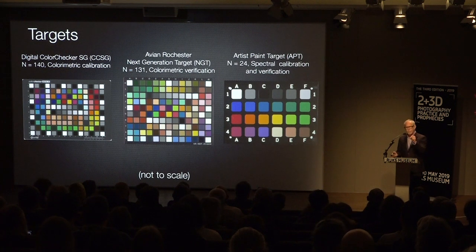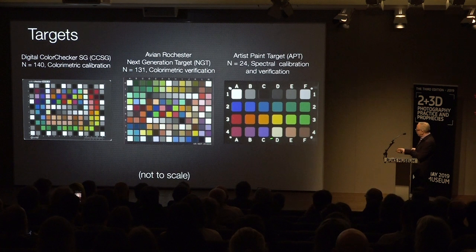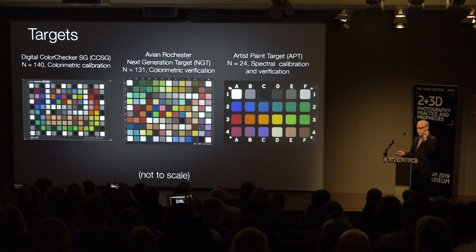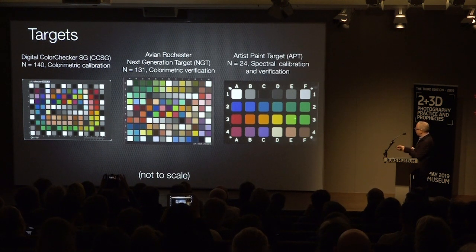It's not the same samples used to build the profile, important. And then for my spectral piece, I'm using this artist paint target, which is made using artist paint, so it includes cobalt blue and ultramarine and some of the colors that are difficult to reproduce, as well as it's got L-star 50 for Scott. Okay.